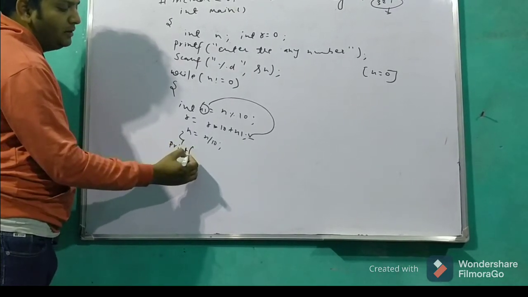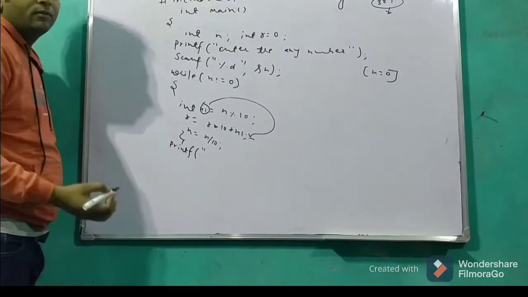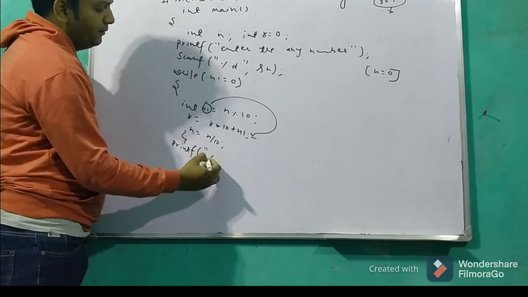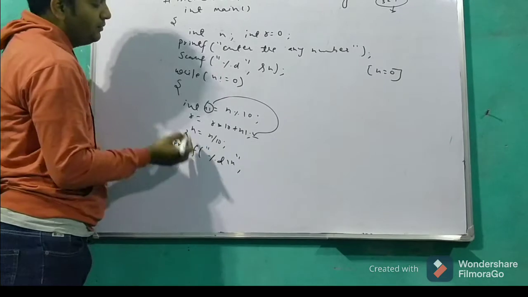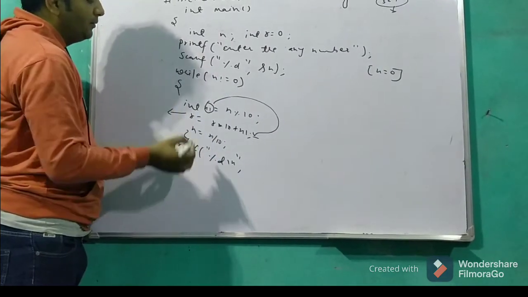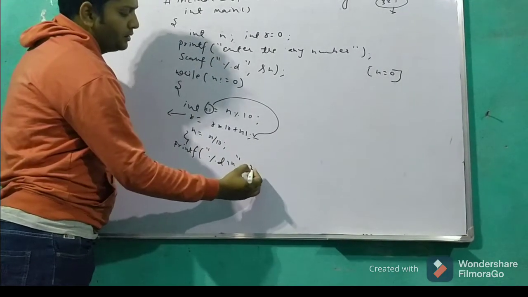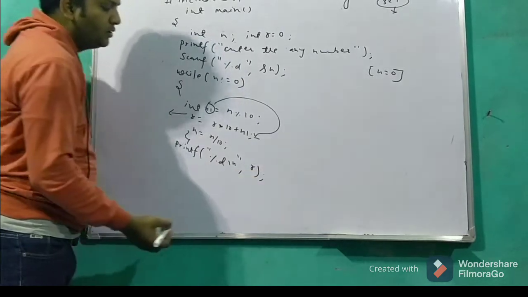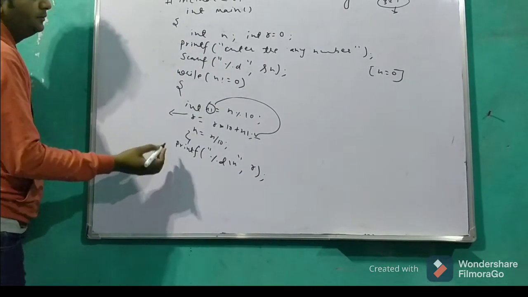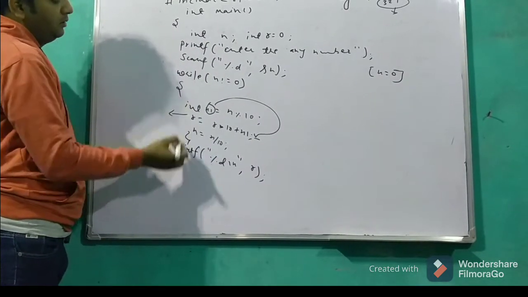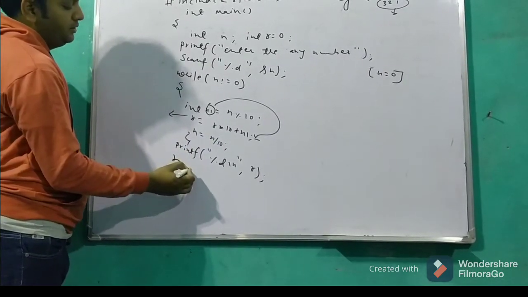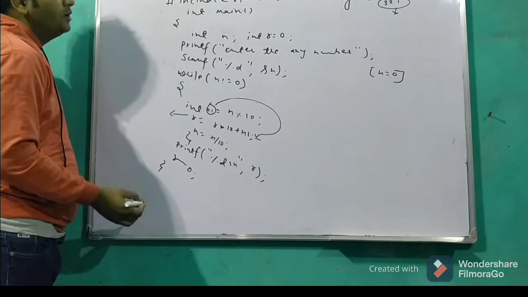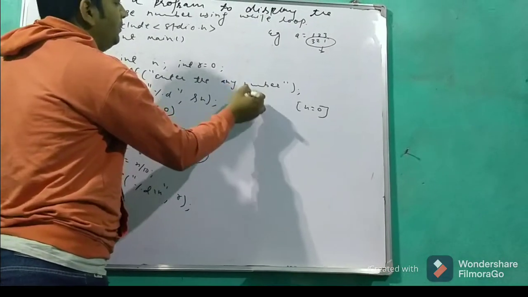Then I will show it in the format %d \n, and we print the value r, which is the reverse number. Finally, return 0. Now I'm going to give some examples, it will be more clear.